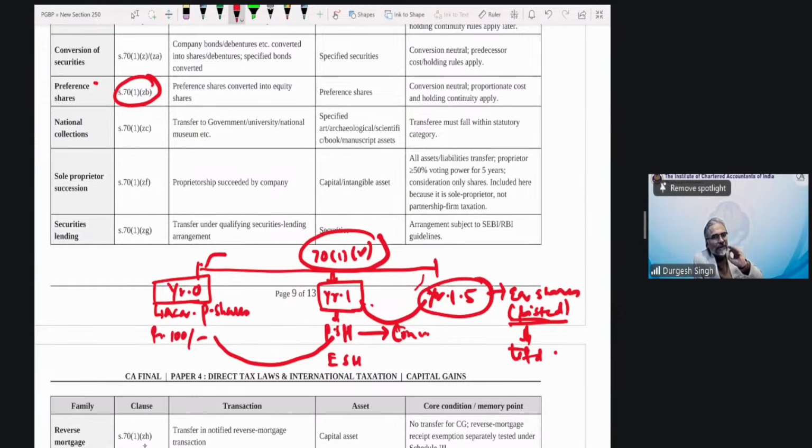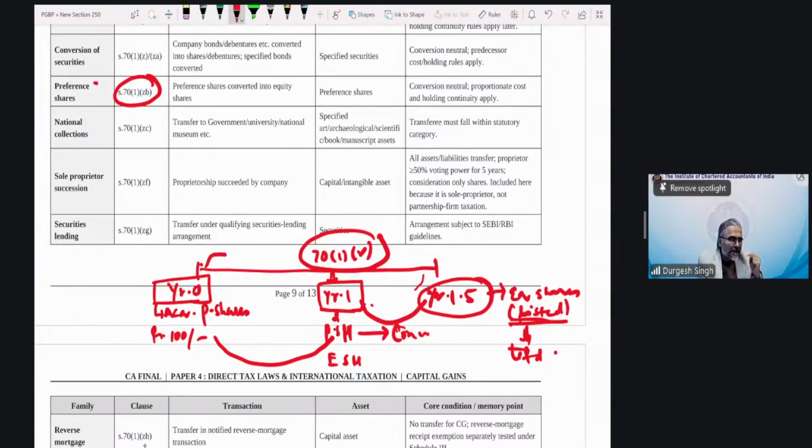One last thing, students, as an examination note, just keep in mind, and if it is possible for you to take a note in your notebook also, please do that. Please be very careful whether it is a conversion of preference shares into equity or the question is about redemption of preference shares.